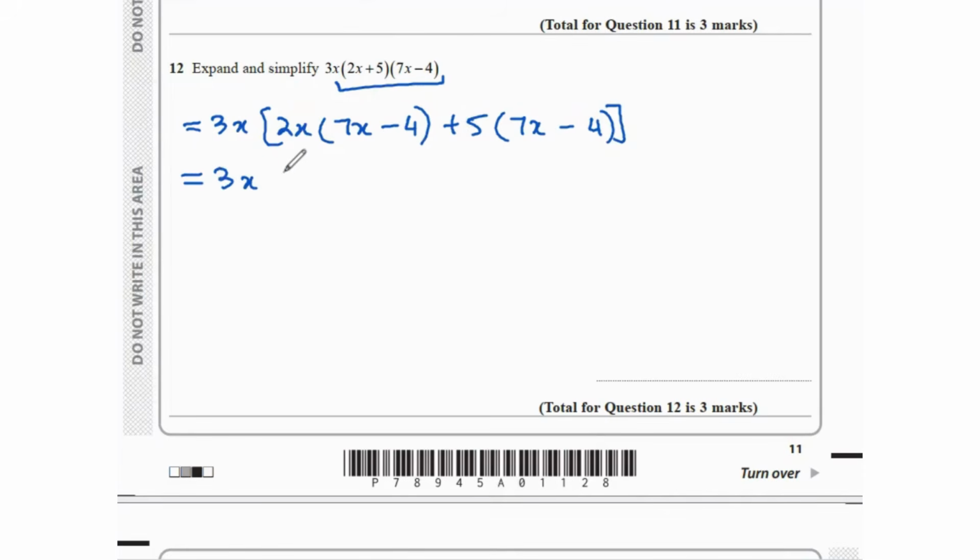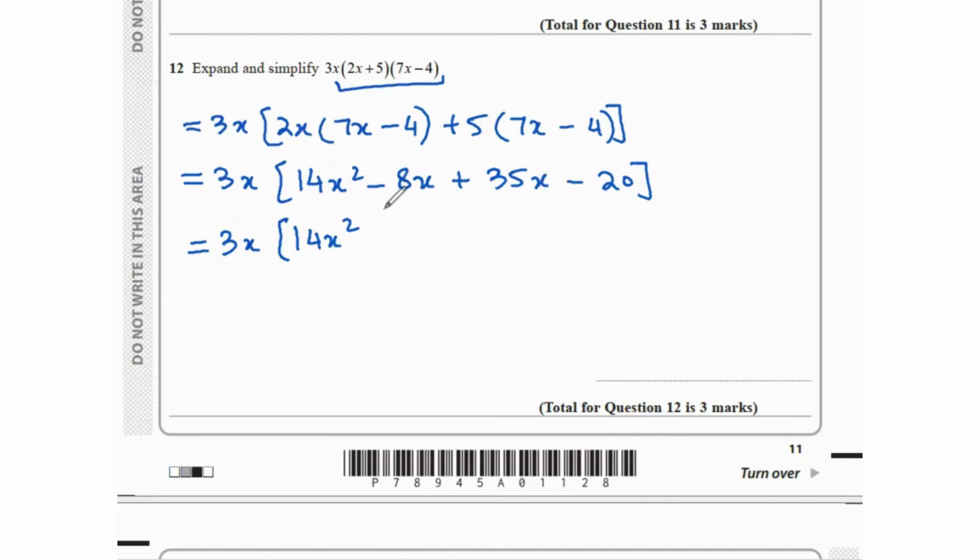So that's 3x bracket 14x squared minus 8x plus 35x minus 20. Collect the like terms. 14x squared. 35 minus 8 is 27. So 27x and then minus 20.